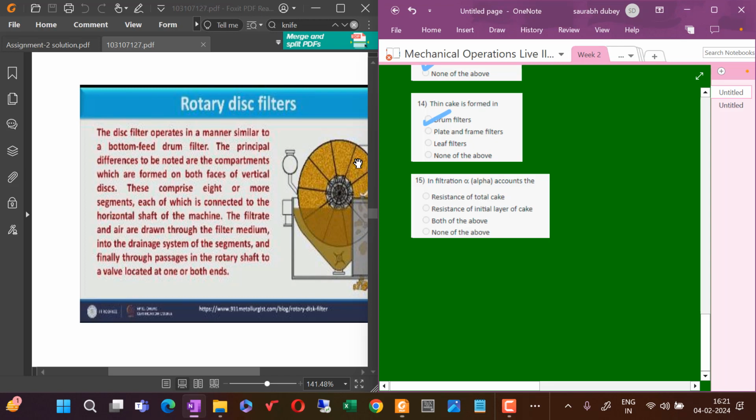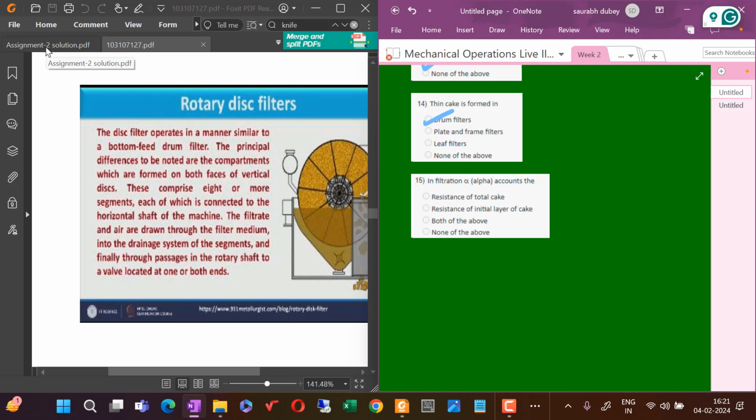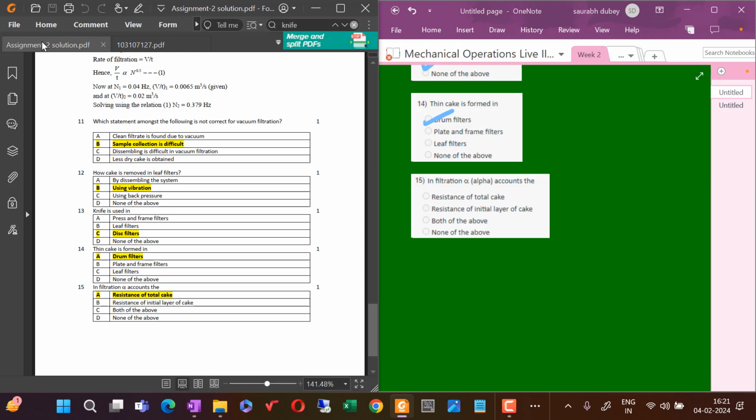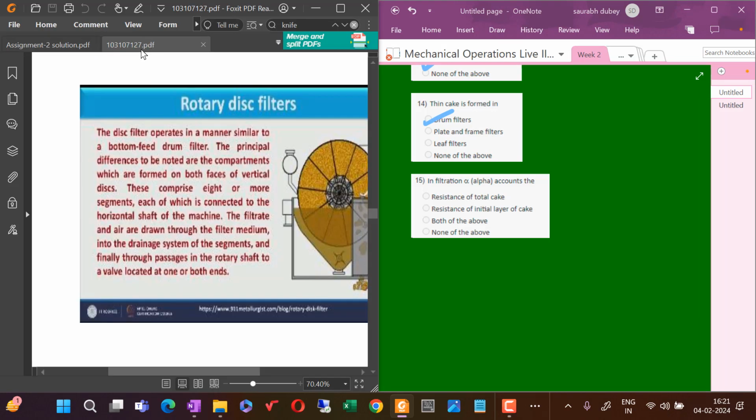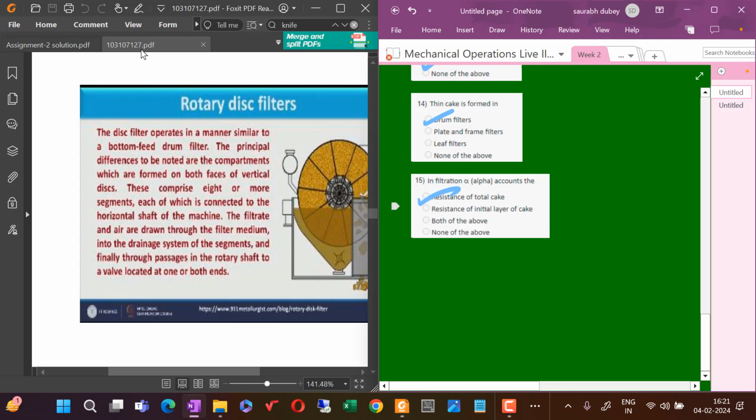These are direct theoretical questions taken from the slides. Another one is, in filtration, alpha accounts for the resistance of the total cake, the resistance of the initial cake, both of the above, or none of the above. This is specific cake resistance, so it accounts for the total resistance of the cake.